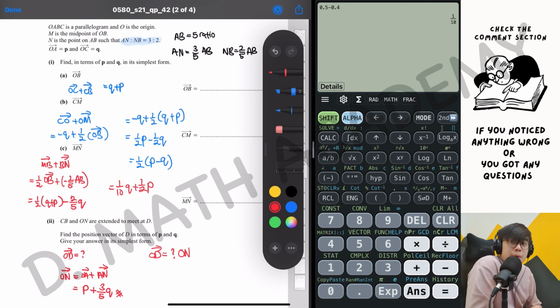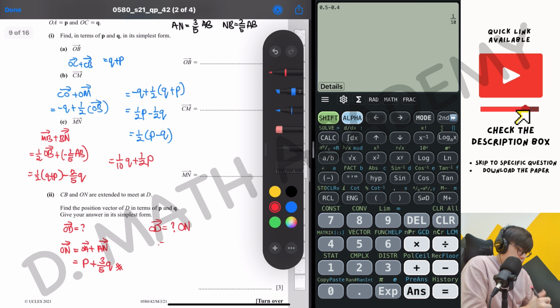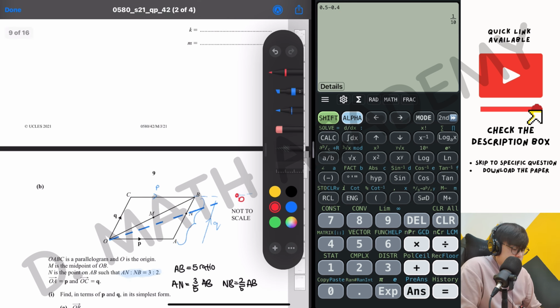But for OD here, we only know one of the values. You can get it by going through OC and then CD.